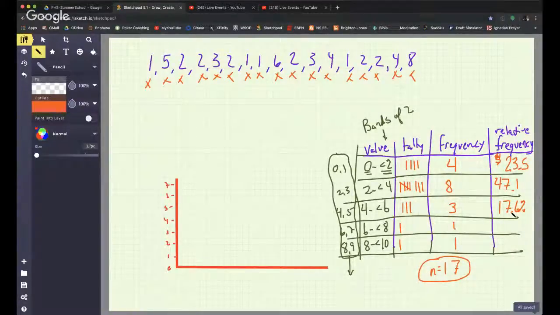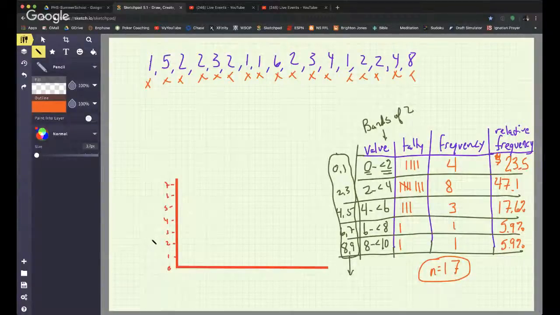And then 1 over 17 is, again, 5.9%. So that's nice. We can see here that 2 and 3 is almost half of our data. It's 47%. Kind of neat, kind of cool to see it like that.